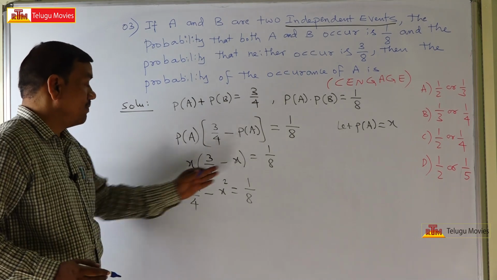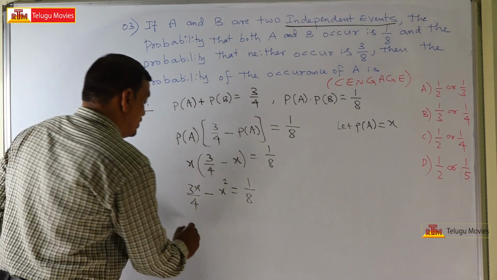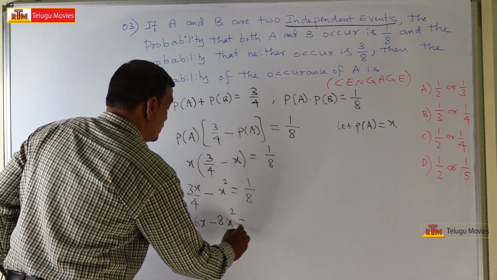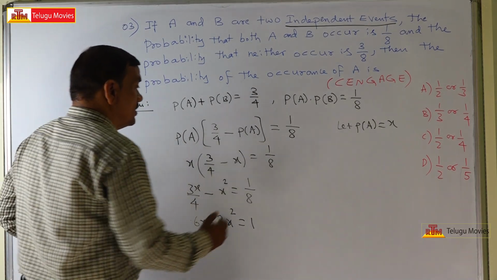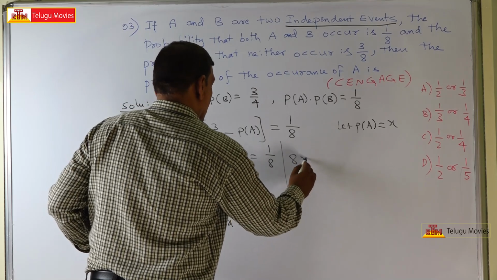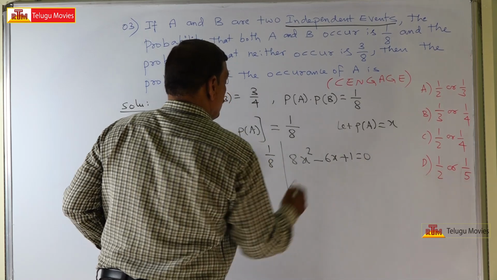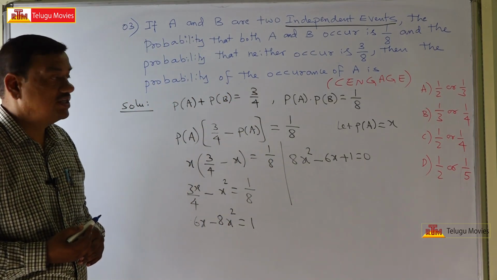Now multiply with 8, so this is 6x minus 8x square equal to 1. Putting it in order, we get 8x square minus 6x plus 1 is equal to 0.